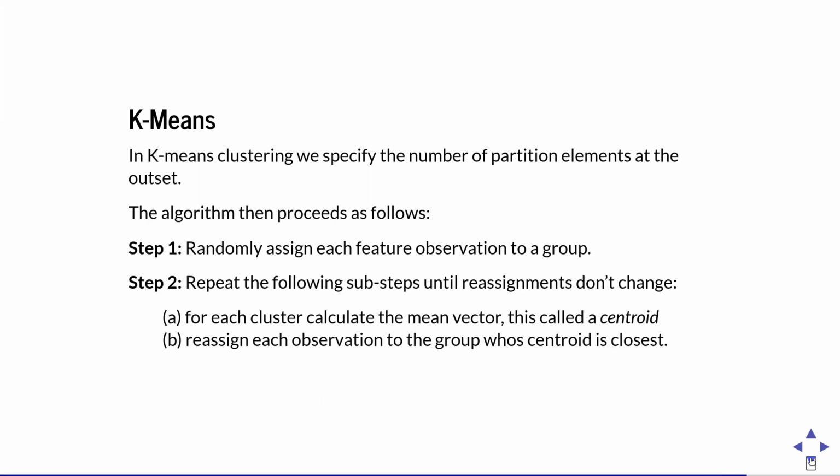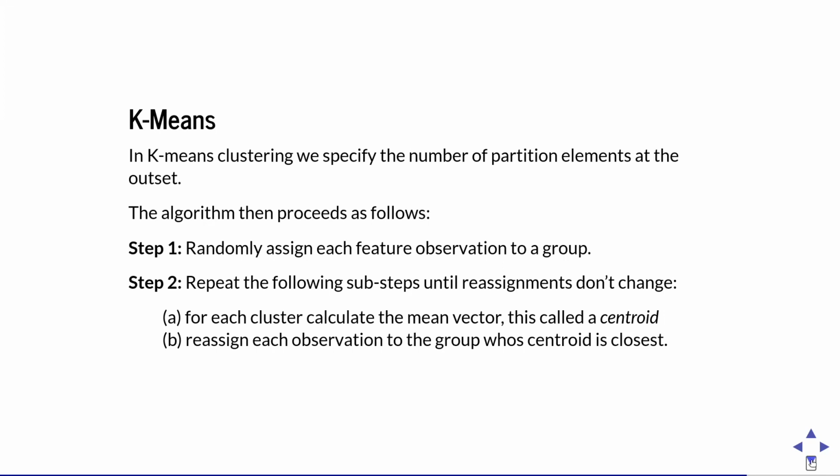You're just going to take the mean of all the components and create a vector out of it. It's called the mean vector, and it's referred to as the centroid. And then you're going to reassign each observation to the group whose centroid is closest. And then you're just going to keep repeating that process until group assignments don't change.